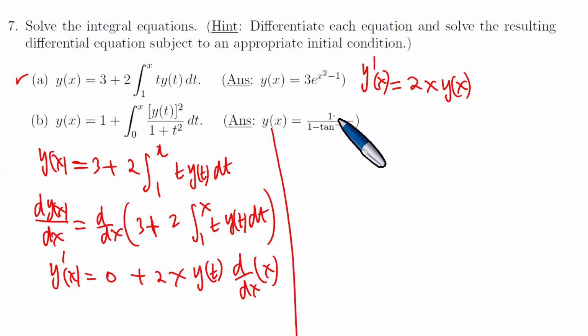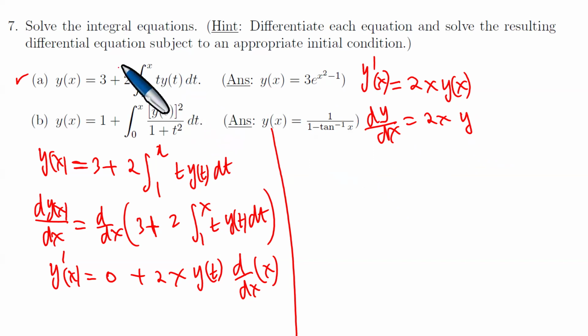Now, this y primed is the same as dy dx, which is 2xy. Is this the approach of the integrating factor?